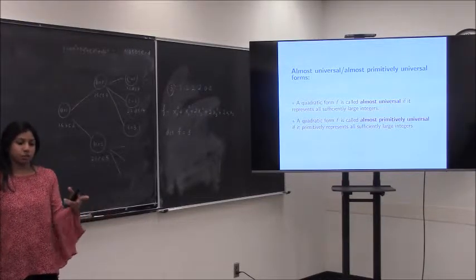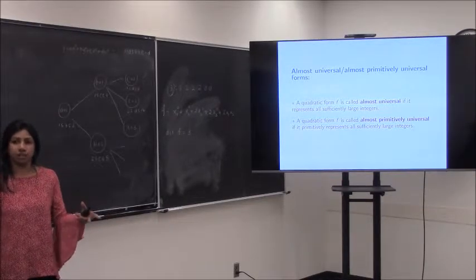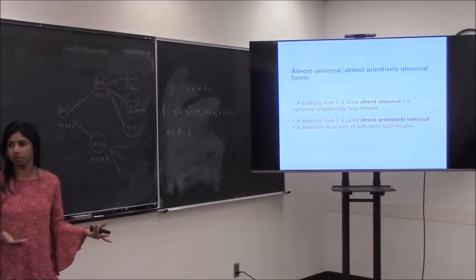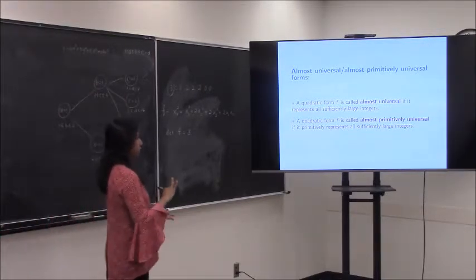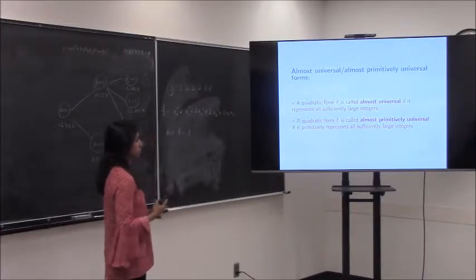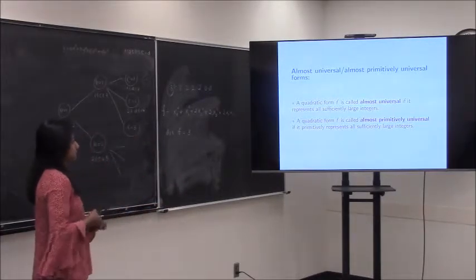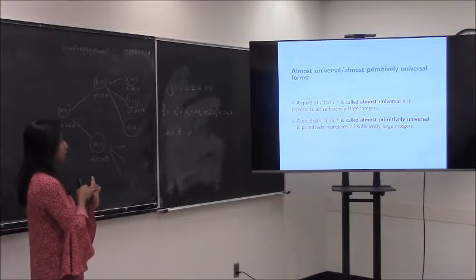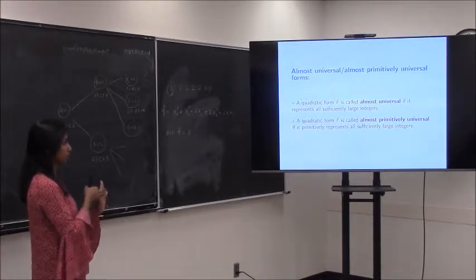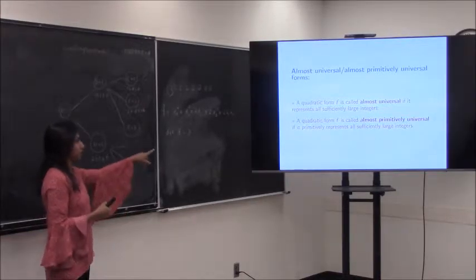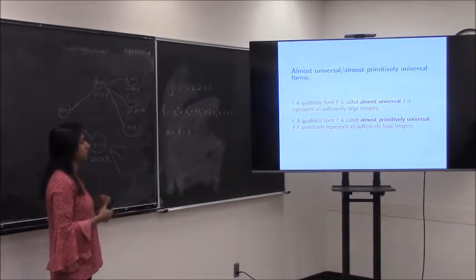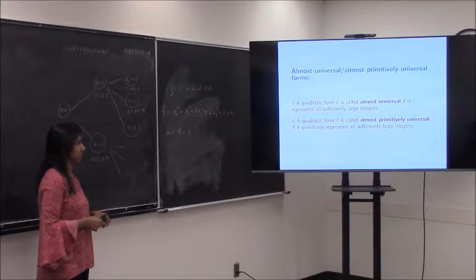So that means you are going to miss only a finite set, which is not going to be represented. Okay, in the same way we can define almost primitive universality. This means you can primitively represent all sufficiently large integers. In this case we need the primitive representations.